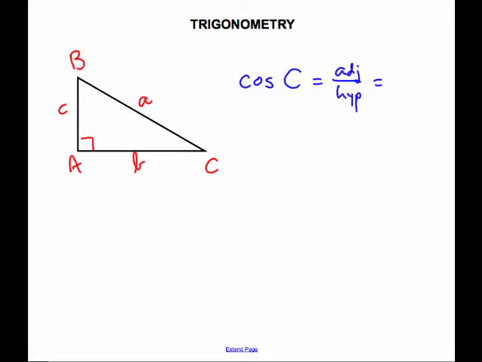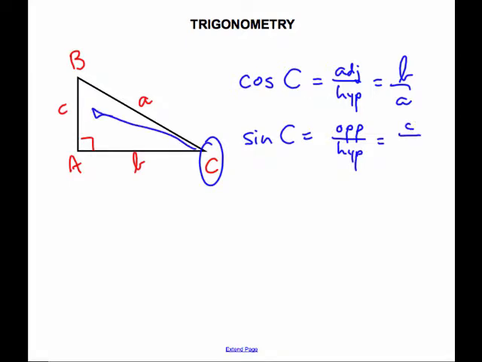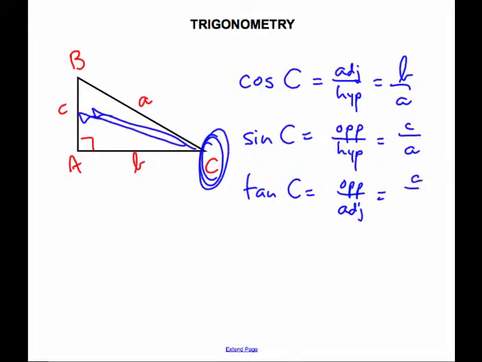In this situation, adjacent would be B divided by A. The sine, let's stick with angle C, is by definition the opposite side divided by the hypotenuse, which from angle C would be C over hypotenuse A. And the tangent ratio is the opposite side divided by the adjacent side, which from angle C is C over B.